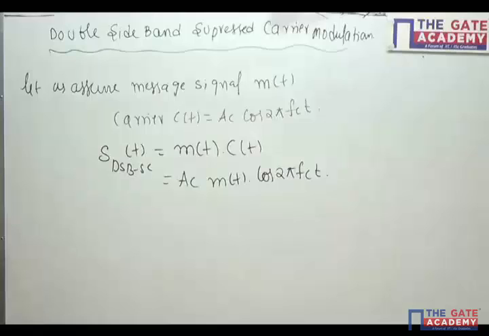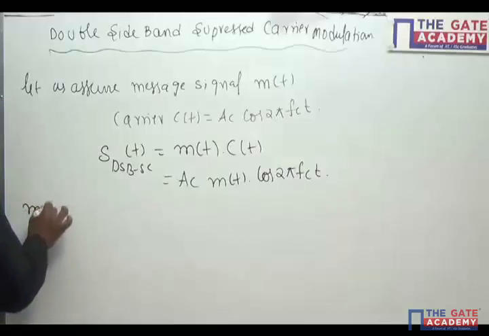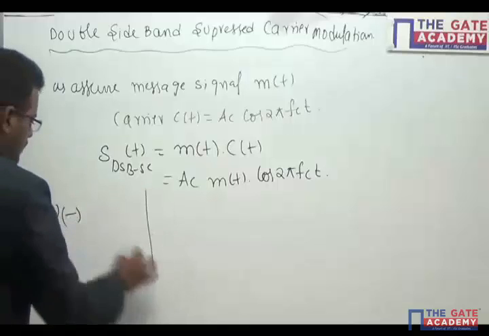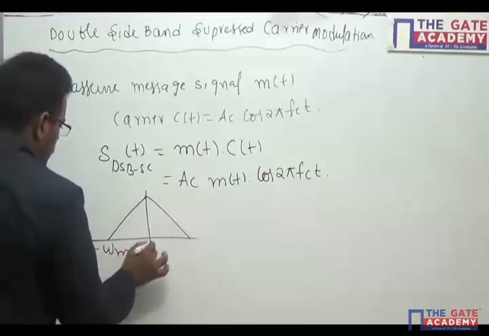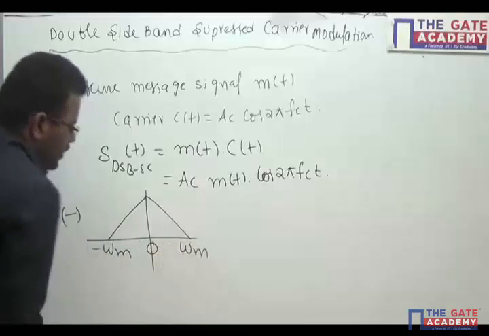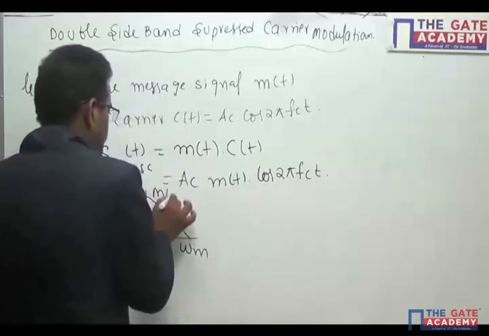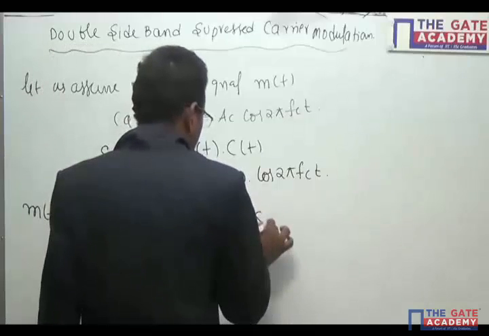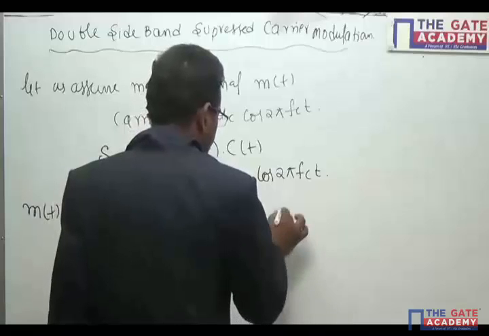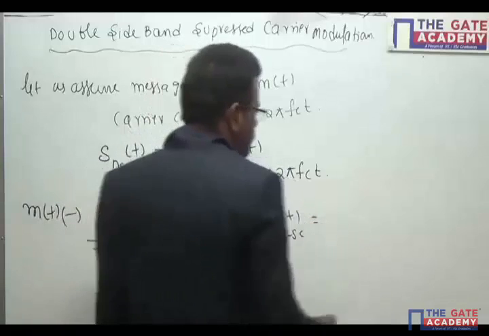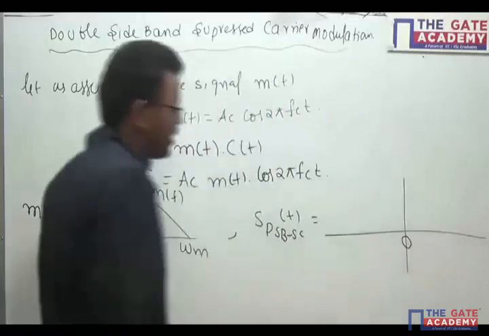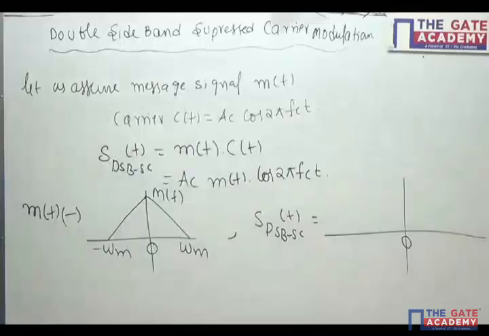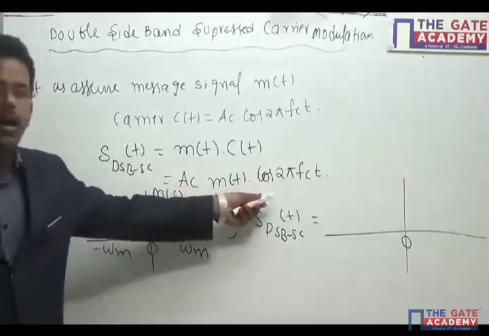Now, suppose I assume m(t) having a spectrum like this, from minus ωm to plus ωm, then this is M(f). Then the DSBSC signal spectrum is, observe, in the modulated signal we have only one term, the multiplication of m(t) with the cos function.